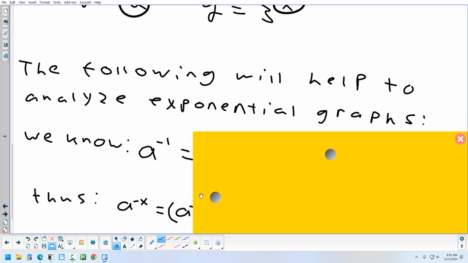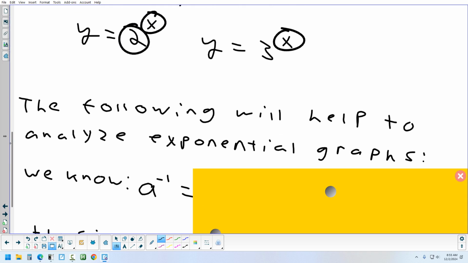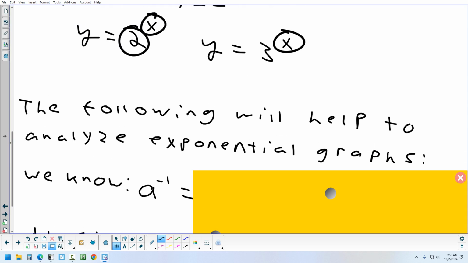If you raise something to the -1 power, does anybody remember what that means? Like if I had this, and I wanted to write that without a negative number. Yep. You would be 0.2. Like if we distributed exponents.